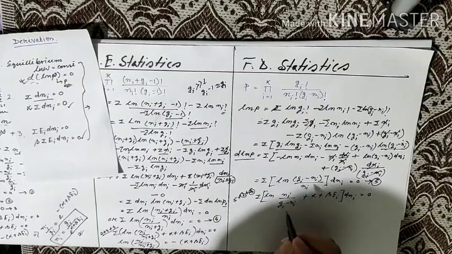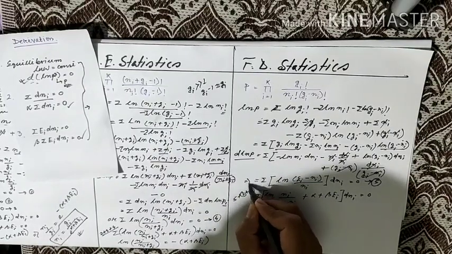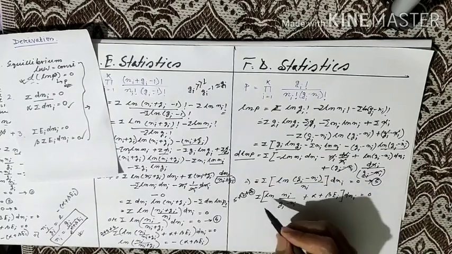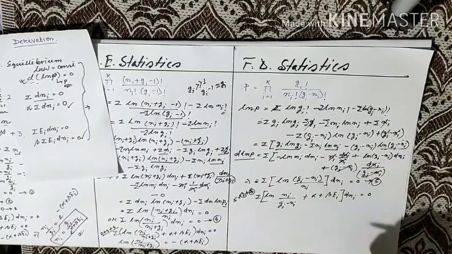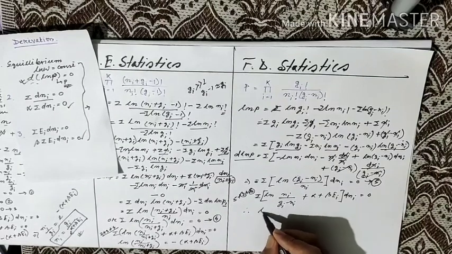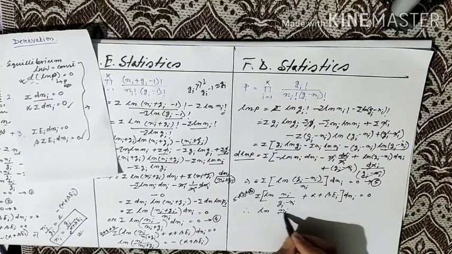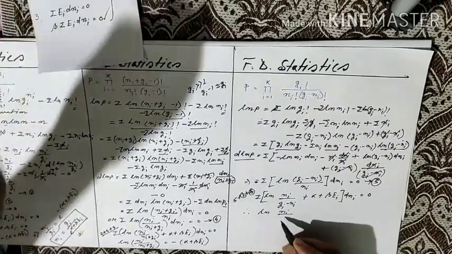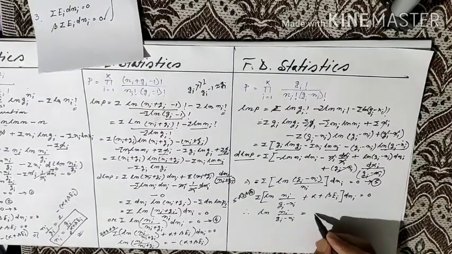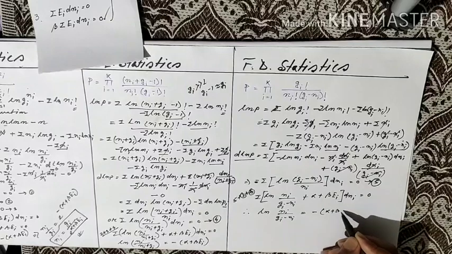By adding this 5 plus this part, you can write simply minus of this is equal to also 0, so that I can alter this part. This will help us in doing the calculation. So therefore ln ni by gi minus ni is equal to minus alpha plus beta ei.